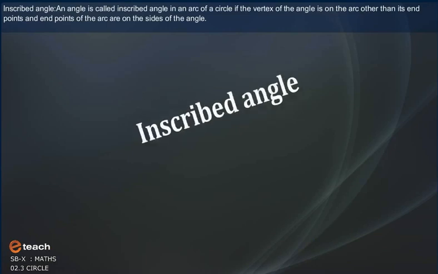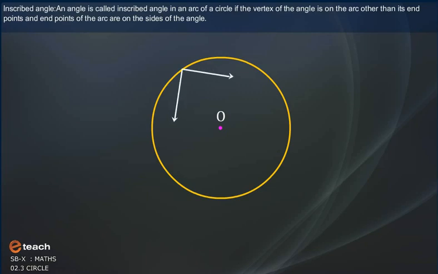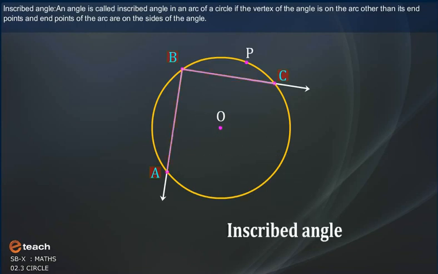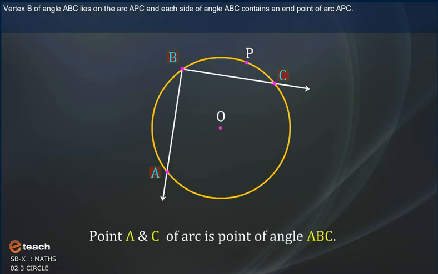Inscribed angle. An angle is called inscribed angle in an arc of a circle if the vertex of the angle is on the arc other than its endpoints and endpoints of the arc are on the sides of the angle. Vertex B of angle ABC lies on the arc APC and each side of angle ABC contains an endpoint of arc APC.